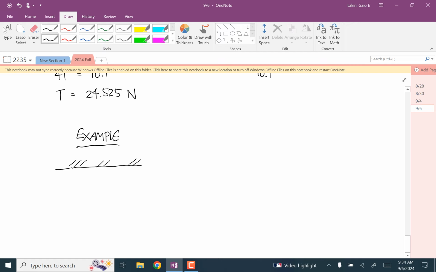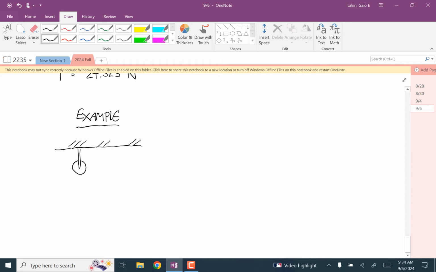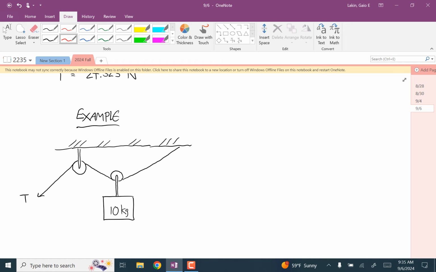So I'll go back to 2 total pulleys. Let's say this is 10 kilograms, and let's say that this angle now is theta.